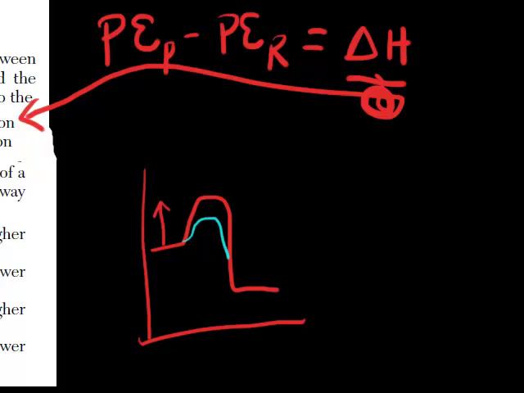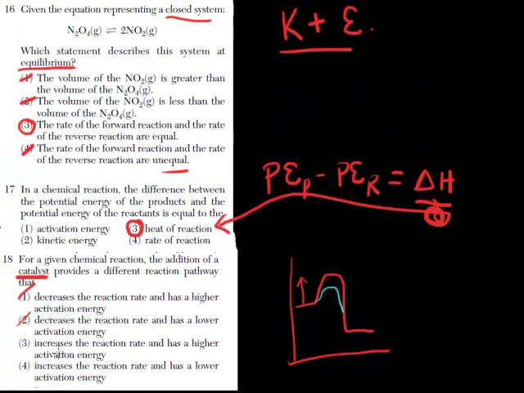So we have a lower activation energy. So our proper selection for this answer is going to be number 4. The catalyst will increase the reaction rate by lowering the activation energy. You can see here the blue line a little bit lower than the red. This third response here increases the reaction rate and has a higher activation energy, just not true.